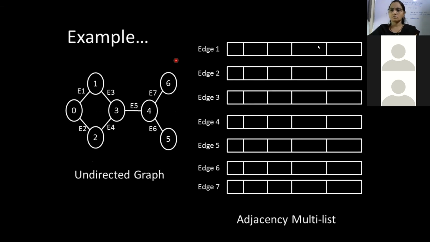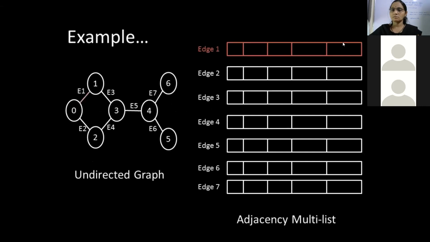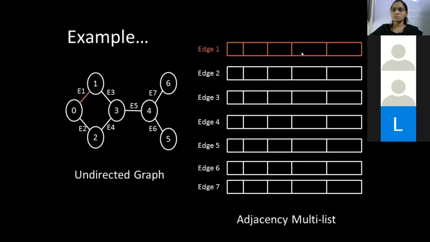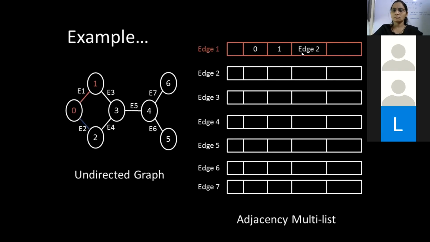For the adjacency list of H1, H1 is joining vertices 0 and 1. Therefore, the second and third fields contain 0 and 1. Vertex 0 is incident on H2. Therefore, the next field contains H2. And vertex 1 is incident on H3. So, the last field contains H3.